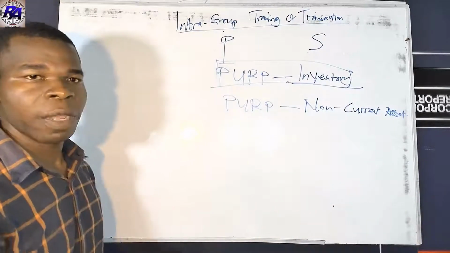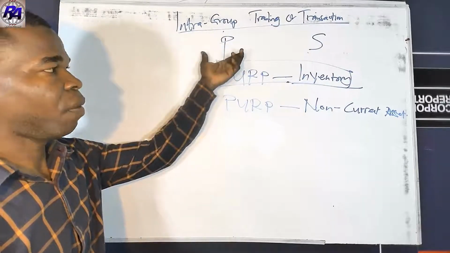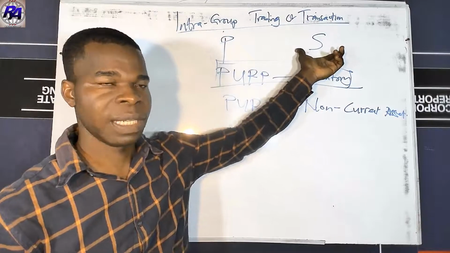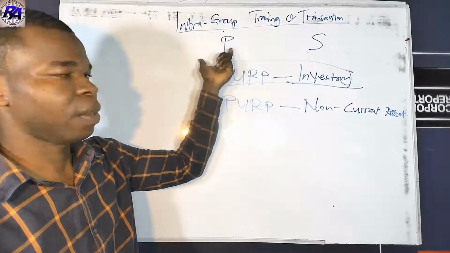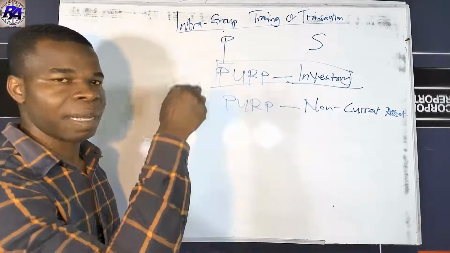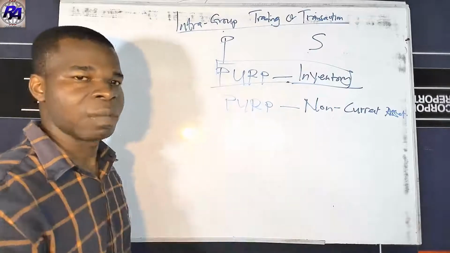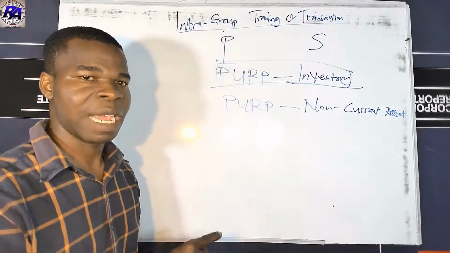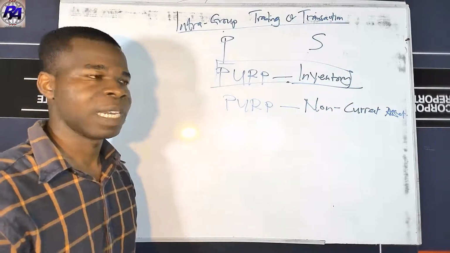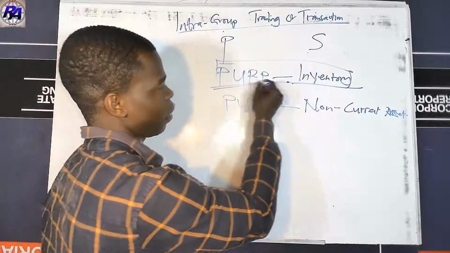Now, anytime a parent sells to the subsidiary or the subsidiary sells to the parent, and then that particular good remains in the account of the entity at the end of the reporting period, then there is an issue of unrealized profit.